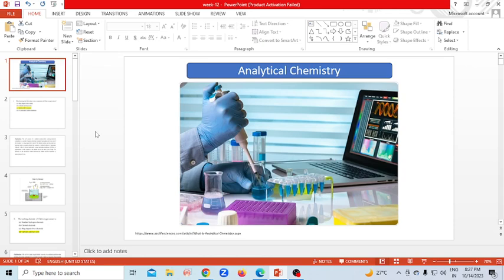Okay, materials. In material science you can use this type of electrochemistry, like the gold plating. Actually, I am only explaining; the slides are not there.